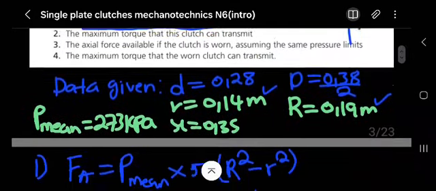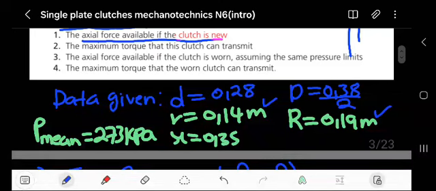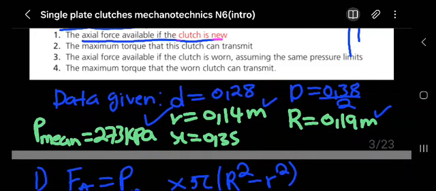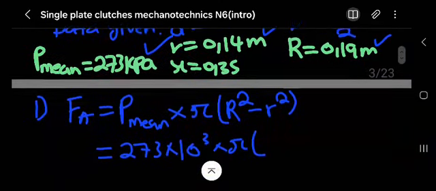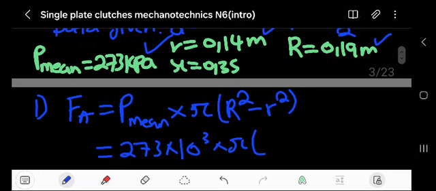Here we are given in our data, kilopascal. Then what is R? R is 0.19, as you can see there. We square this, minus small r, which is 0.14.